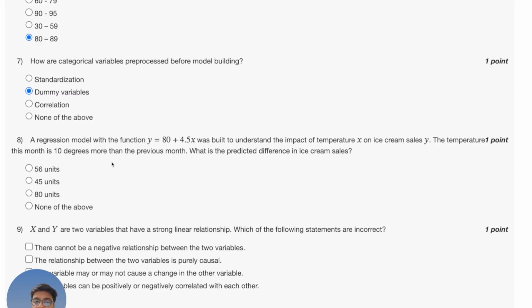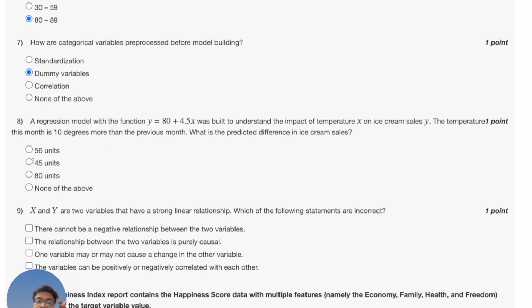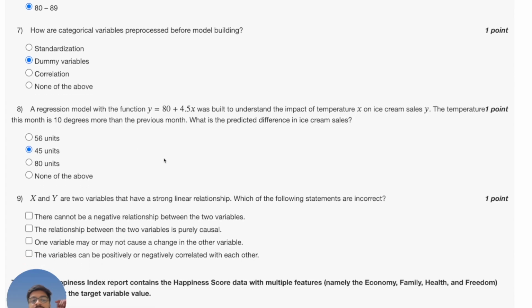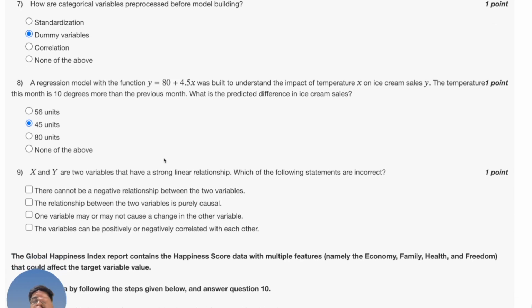Now increasing the degree by 10 again, the degree will be 30. So 80 plus 4.5 into 30 gives us 215. Now 215 minus the previous 170 gives 45. You can calculate, and the calculation has been provided in the description in the IPYNB file also. You can go through that particular IPYNB file in detail.